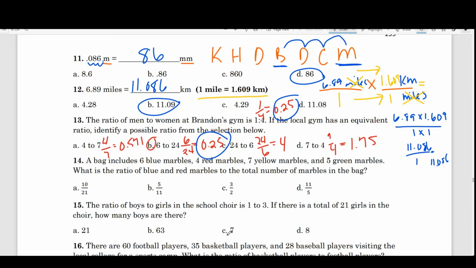So remember, when we're dealing with ratios, our keyword is "to." "To" is going to let us know where our colon goes, or fraction bar. Whatever comes before that is our first value, and whatever comes after that is our second value. So it says the ratio of blue and red marbles. "And" means to add, and then "to the total" means we add them all together.